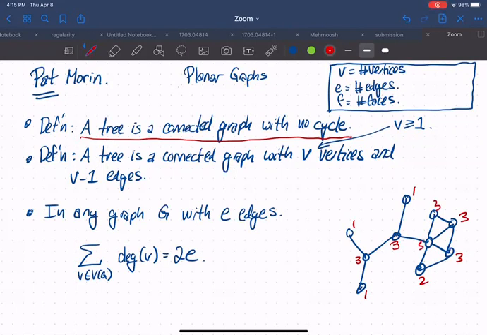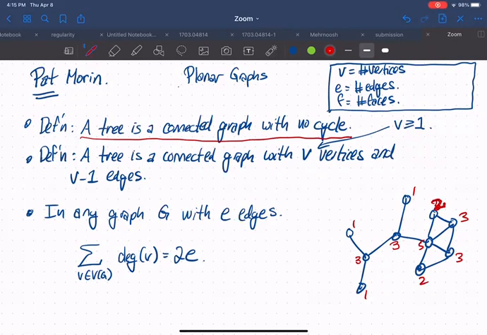So the degree that I'm just writing as deg of v here is just the number of edges incident to the vertex. And this easy result just says that if you add up all the degrees, 2 for the 1 right above 5, good catch.